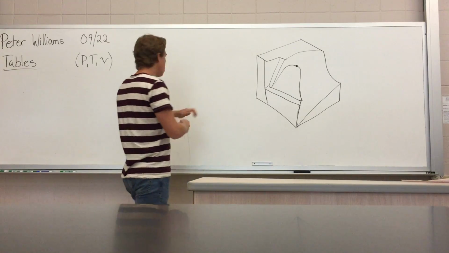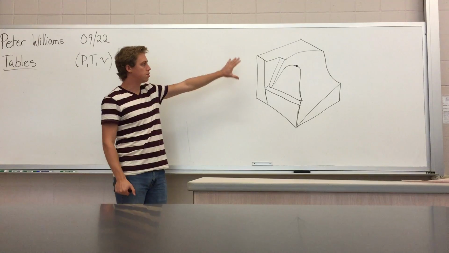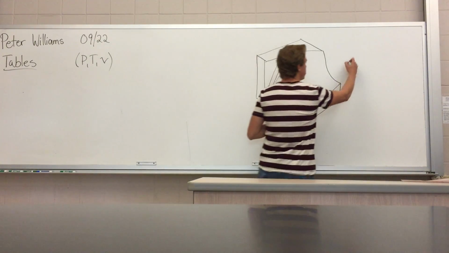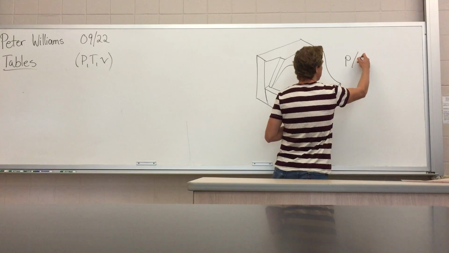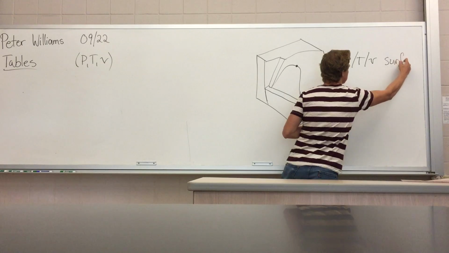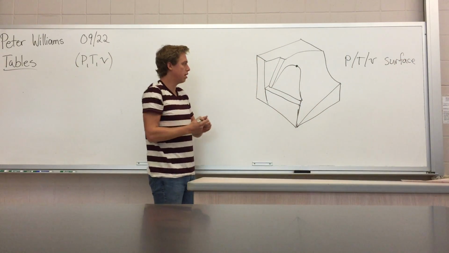So we've been deriving and talking about these properties in terms of this surface right here, which we call the PTV surface. Whatever order you want to put those in, all right?